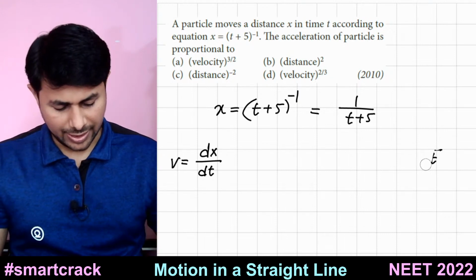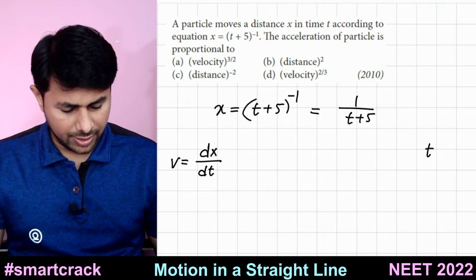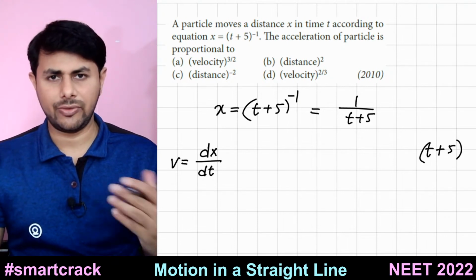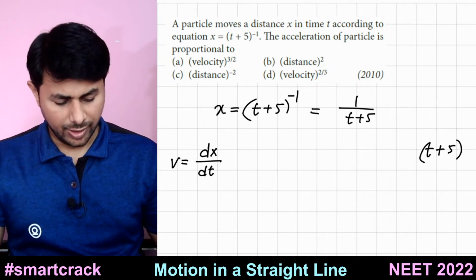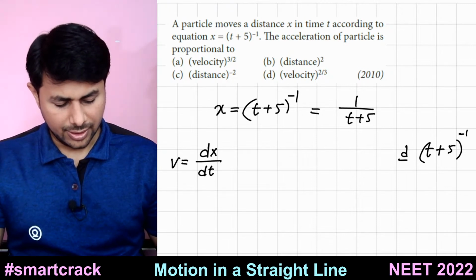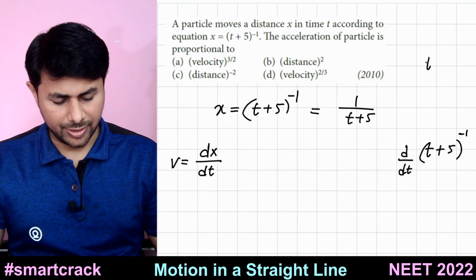The derivative of t plus 5: 5 is constant, so its derivative is 0. So the derivative of t plus 5 raised to minus 1 is analogous to the derivative of t raised to minus 1.